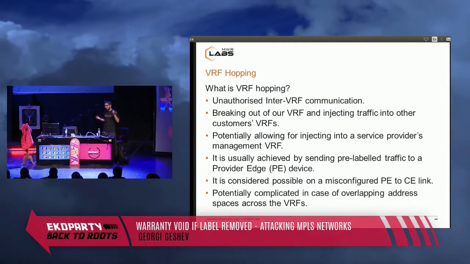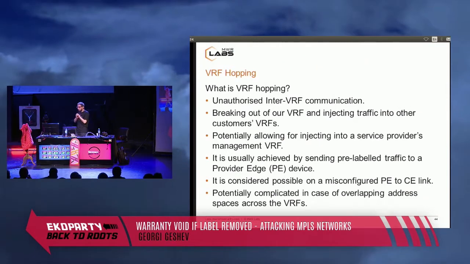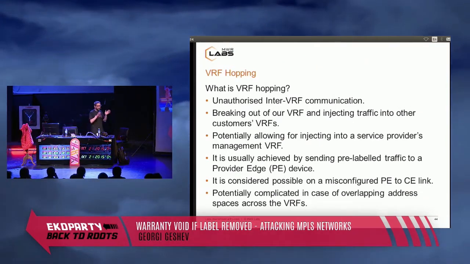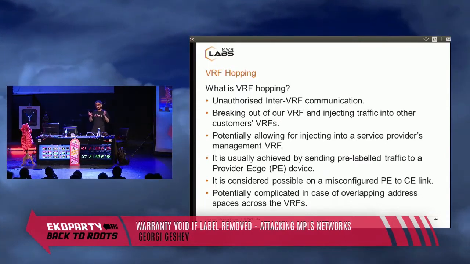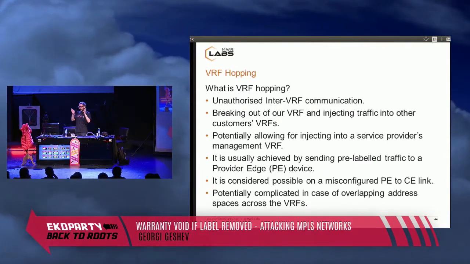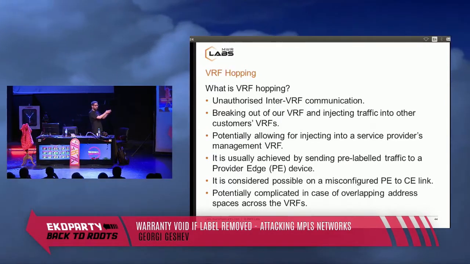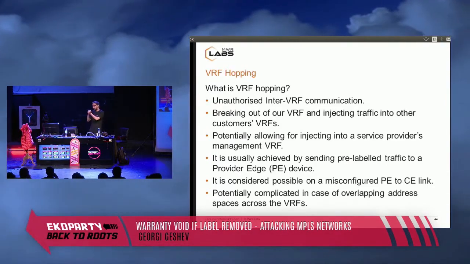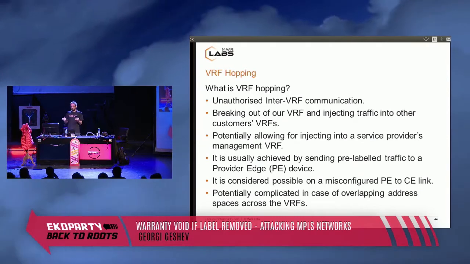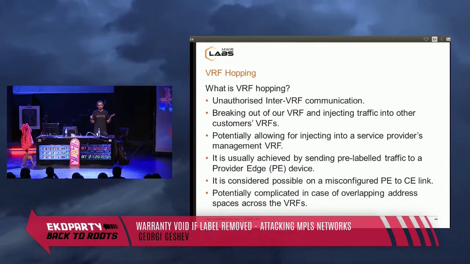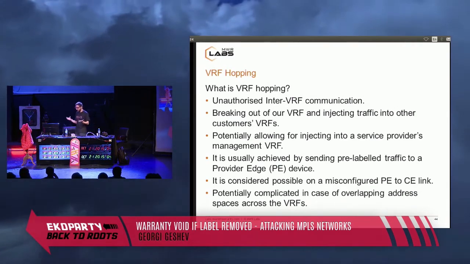Why is this a problem? Well, it is a huge problem because service providers often see VRFs as a sort of security mechanism. They segregate traffic and rely on VRFs to make sure that one customer's traffic doesn't get mixed with another customer's traffic. So the assumption of not being able to break out of the VRF is fundamental to service provider security.